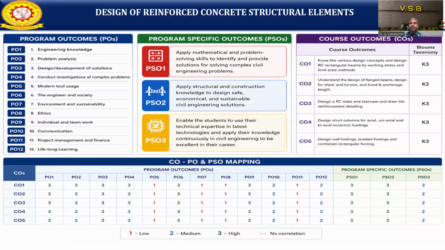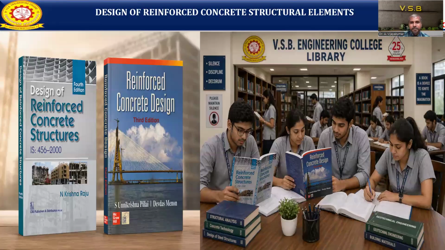Based on that, we are framing the program mapping. One is for low, two is for medium, and three is for high. If there is no correlation, it is left blank. We are mapping the COs for this particular course, the design of reinforced concrete elements.